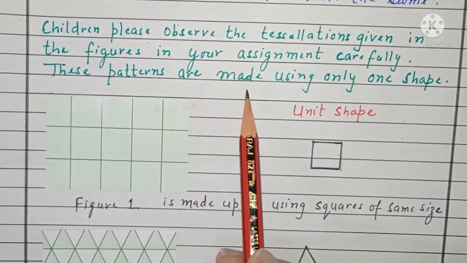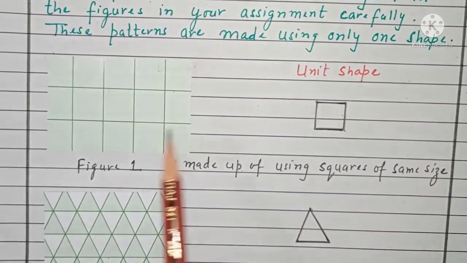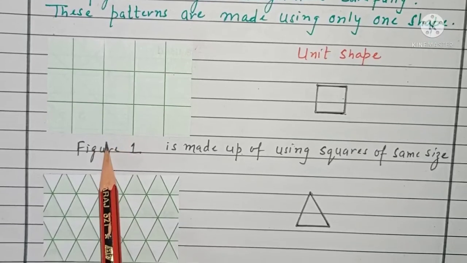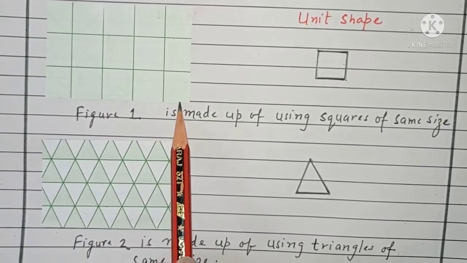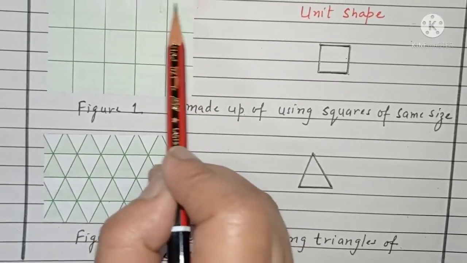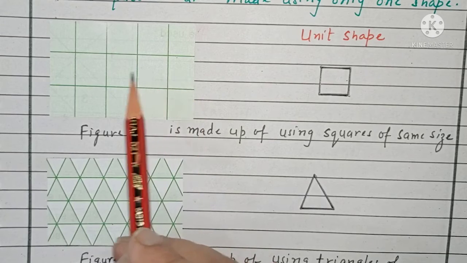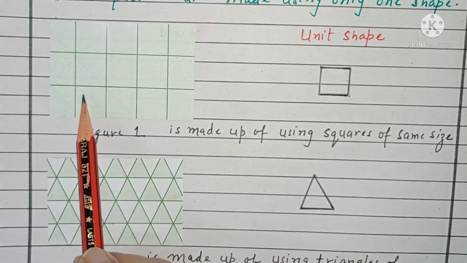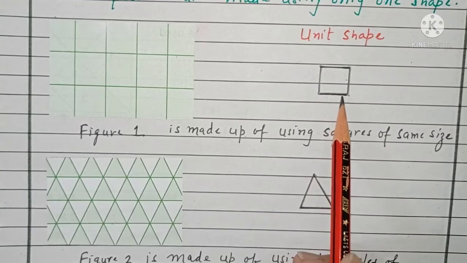These patterns are made using only one shape. As you can see in figure 1, this figure is made using squares of the same size. So that means here the unit shape is a square.